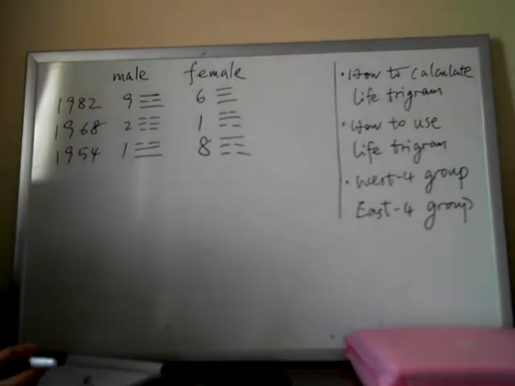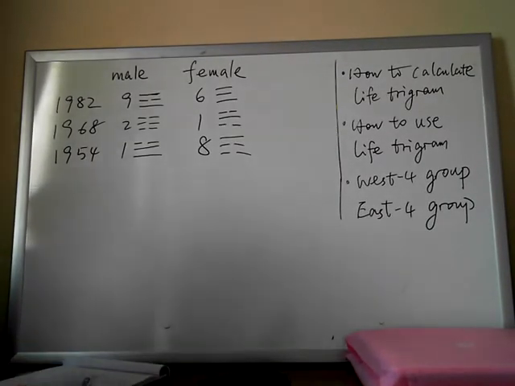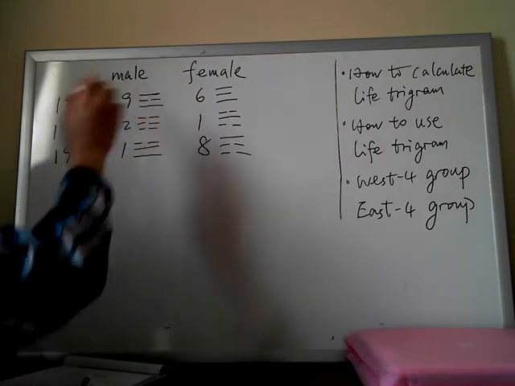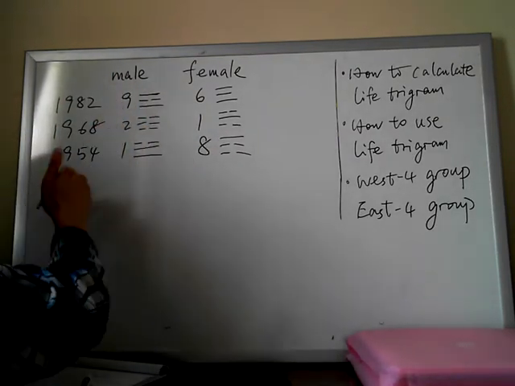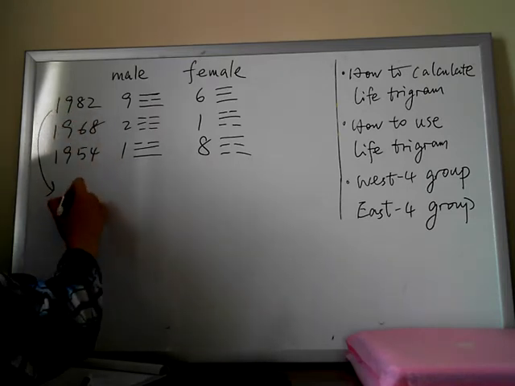Let's say a male born in 1982. The life trigram of this guy is Li.